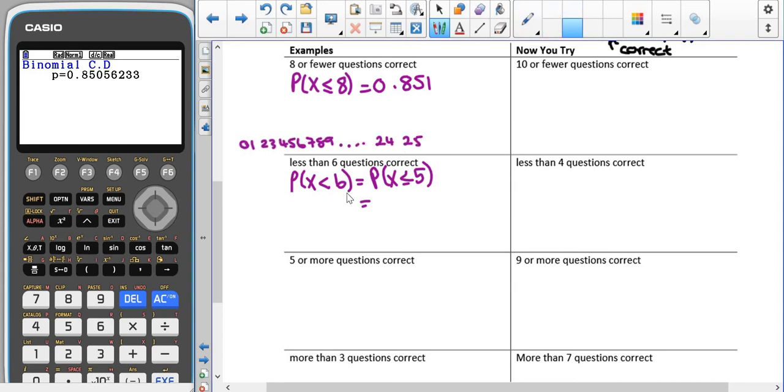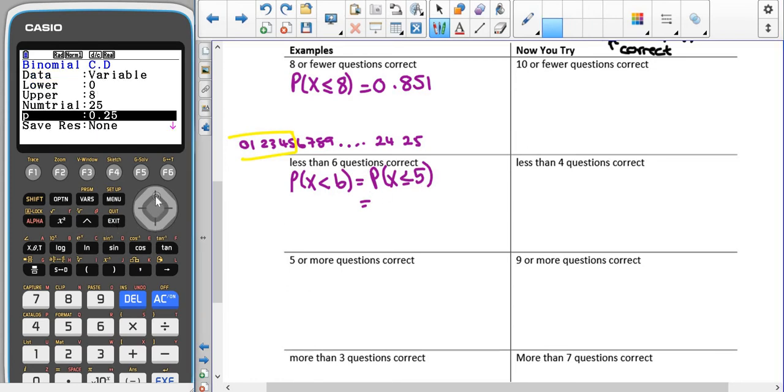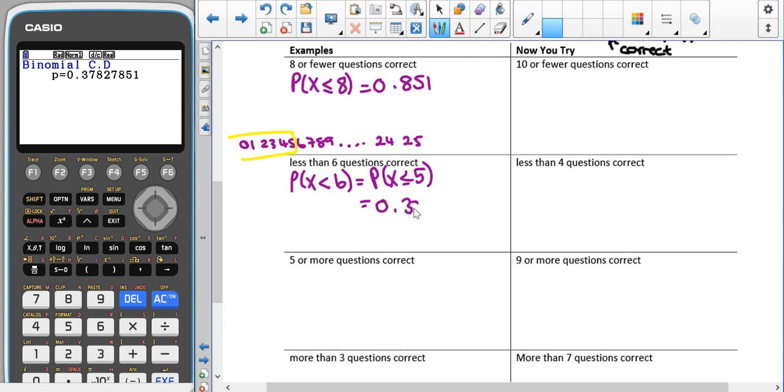Strictly less than 6 is this section here, which is less than or equal to 5. So you can always do a number line to help you decide how you're going to change what you're looking at. So this time, the lowest value we want is 0. The highest value we want is 5. We still have 25 questions and the probability is still 1 out of 4. And that gives us 0.378.